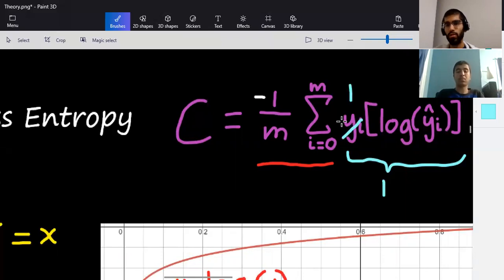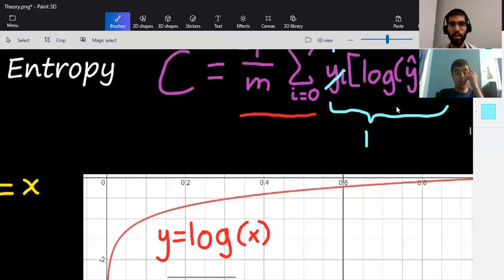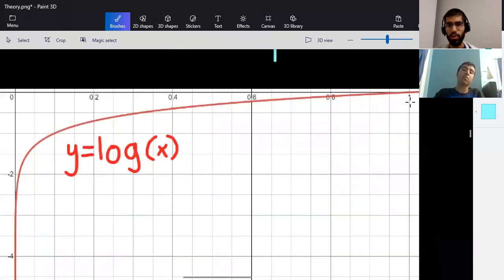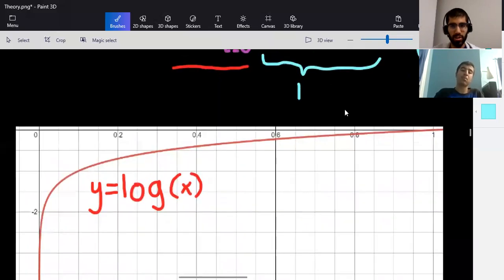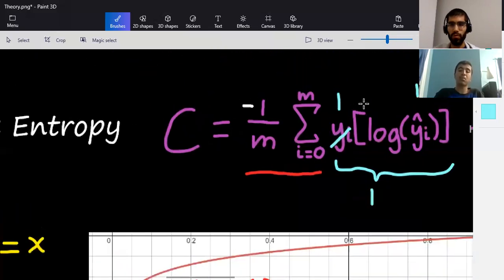If it were equal to 0, then this entire thing would be 0. So if y is equal to 1, then we want the prediction to be equal to 1. If the label and the prediction are equal to 1, then the cost is almost 0. That's what we want. We're saying, hey, you're doing pretty good. Label is 1, prediction is 1. So that's how this part works. Make sense?